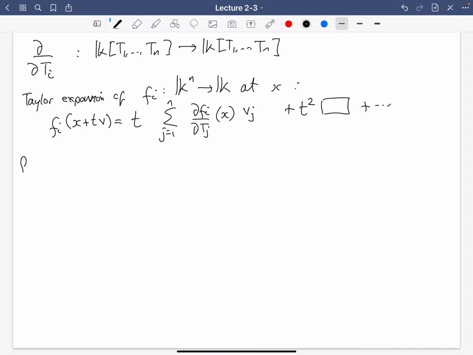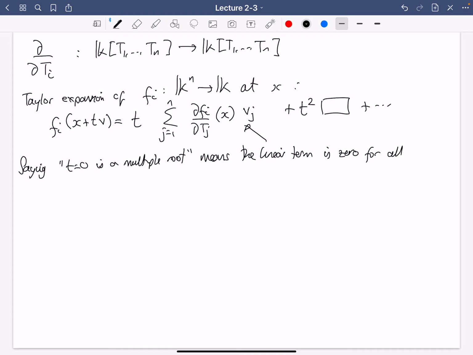Now it's clear that saying t equals 0 is a multiple root just means that the linear term should be 0 for all i.